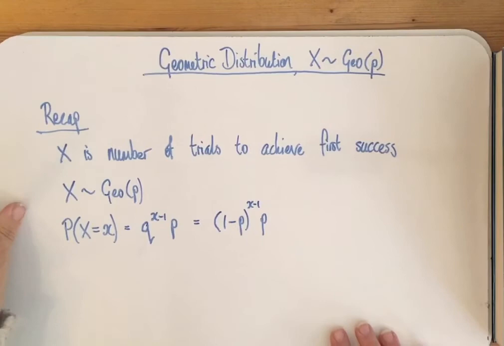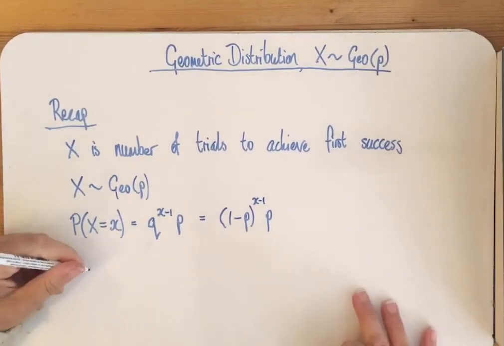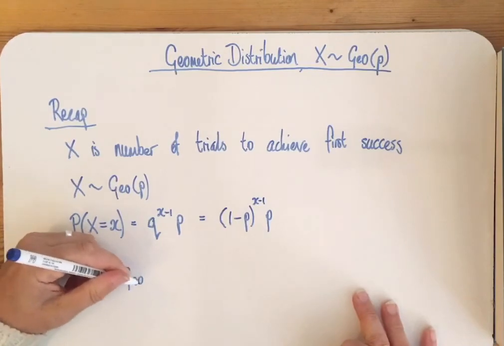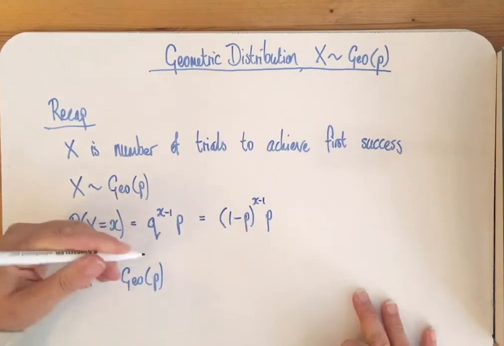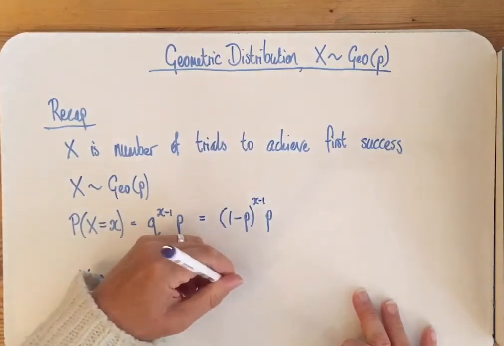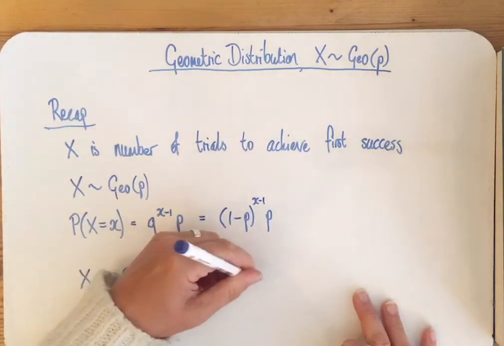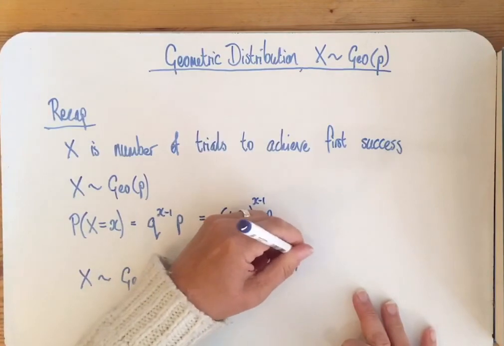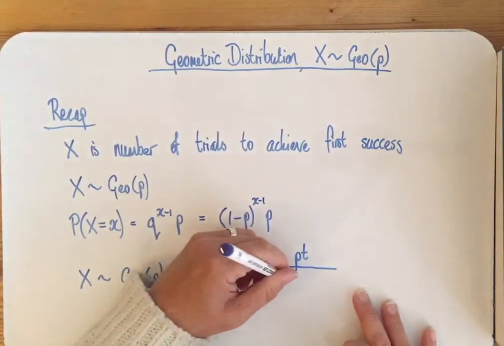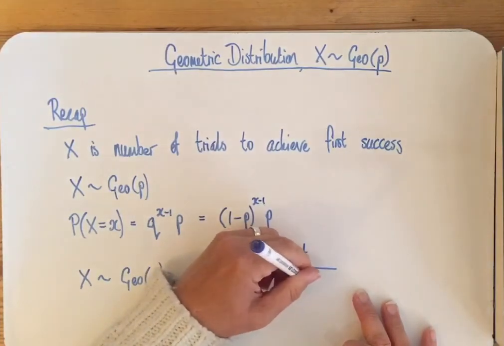So generalising that, if X is geometric with parameter p, then the probability generating function for X is equal to pt over 1 minus, you could just write qt.